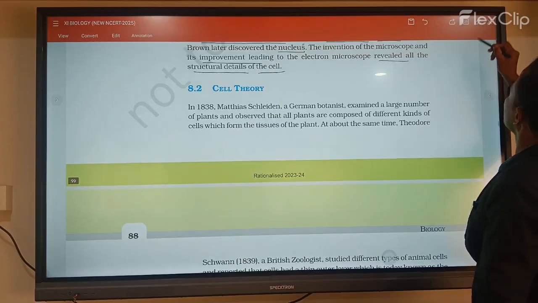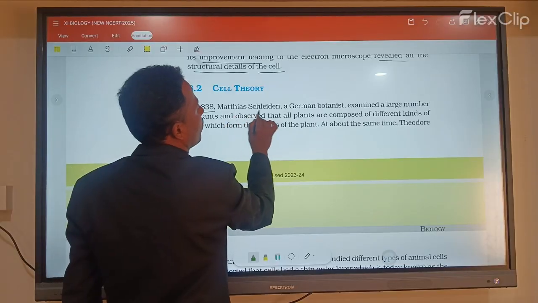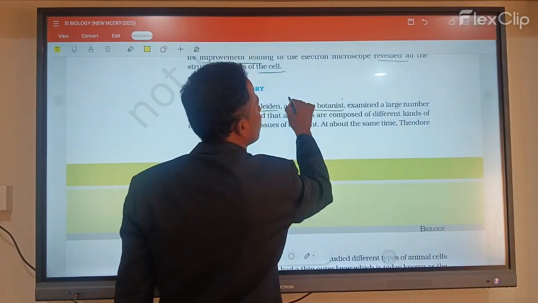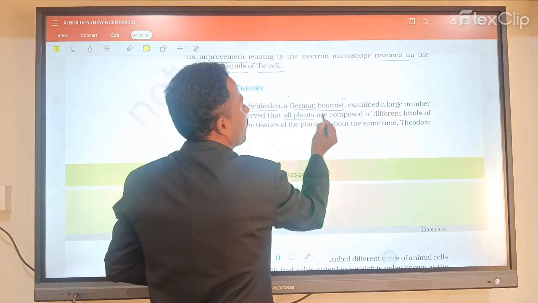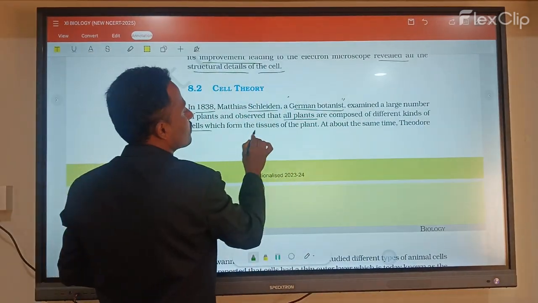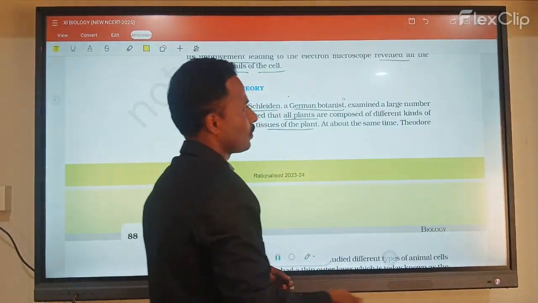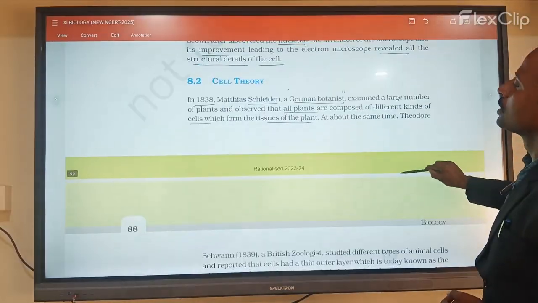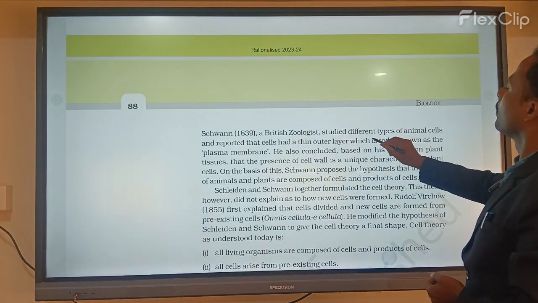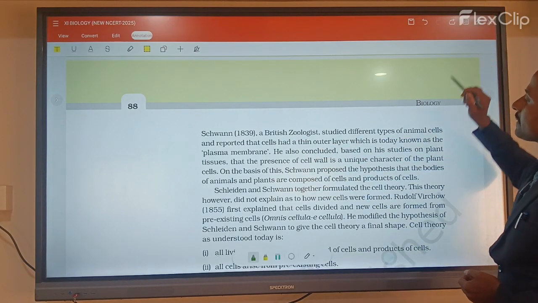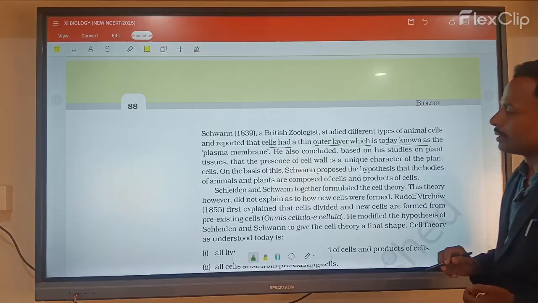In 1838, Matthias Schleiden, a German botanist, examined a large number of plant cells and observed that plant cells are composed of different kinds of cells which form the tissues of the plant. Around the same time, in 1839, Theodor Schwann, a British zoologist, studied different types of animal cells and reported that cells had an outer layer known as the plasma membrane.